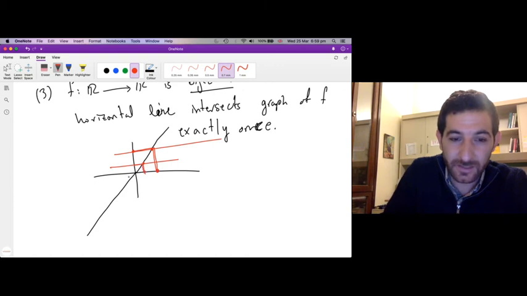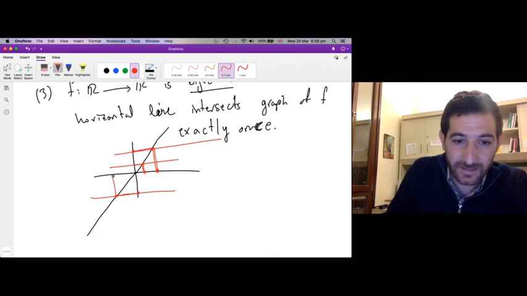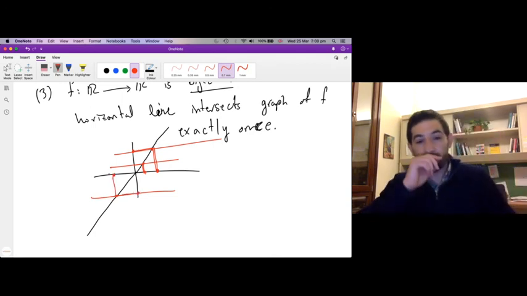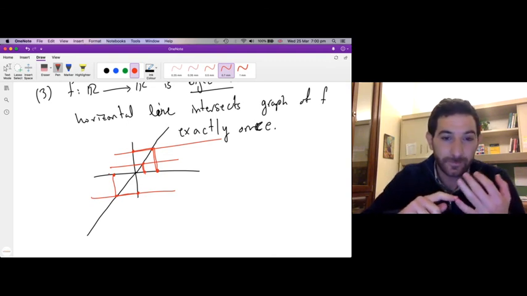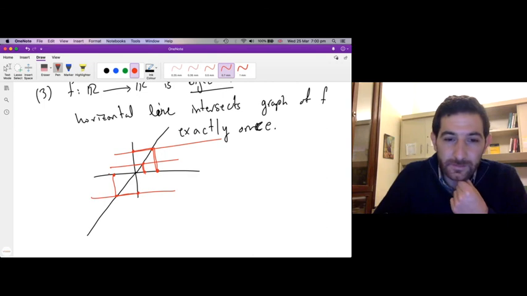So here's another horizontal line. This point is in the codomain and it has exactly one pre-image. And this is a property of being bijective, right? That it is both injective and surjective.